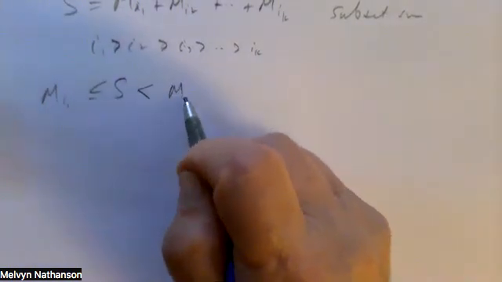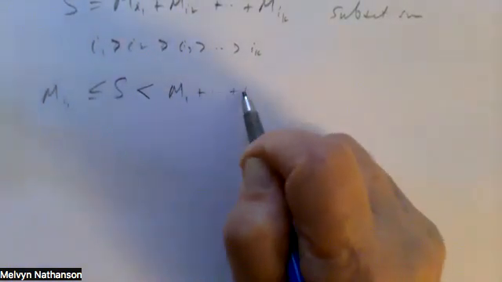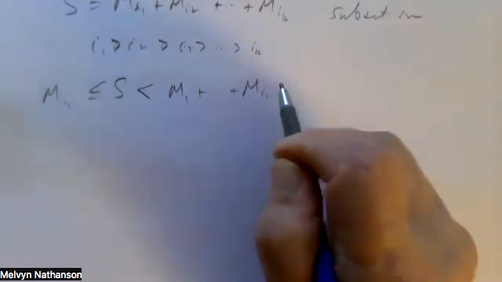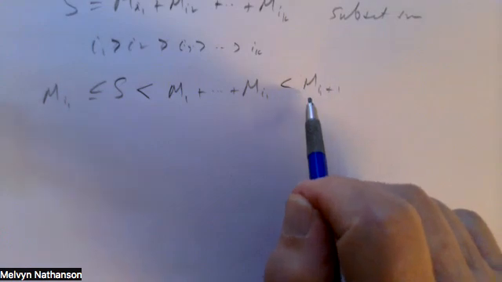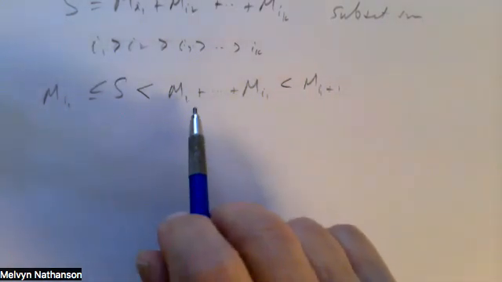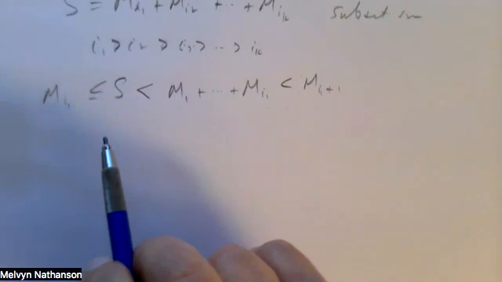And S is also less than the sum of all the numbers up to I1, which is less than M sub I sub 1 plus 1. Because we just proved the lemma that each number in the super increasing set is strictly bigger than the sum of all of the preceding numbers.